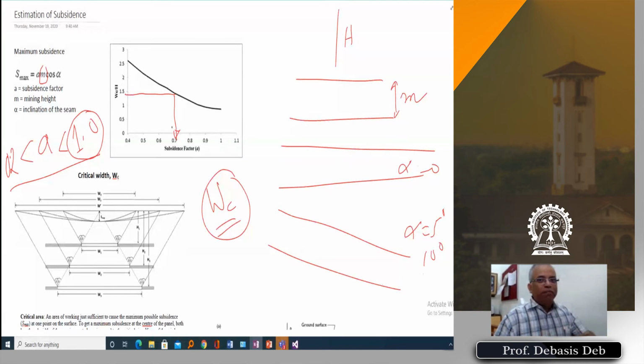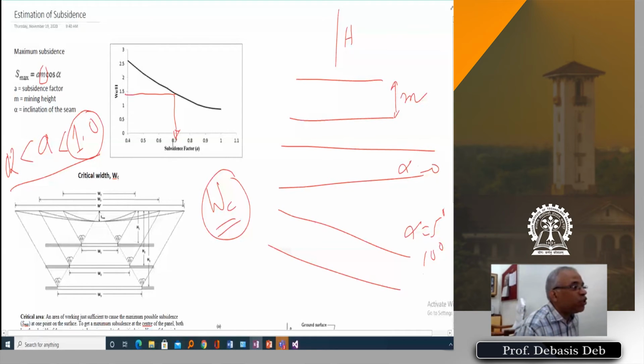Now, what I mean by all this critical, subcritical, and supercritical, it is here. But before that, let me explain this graph. Then you will understand what I'm saying here. What is the critical width? Now, let's say now mine is right here, where the depth is H1.